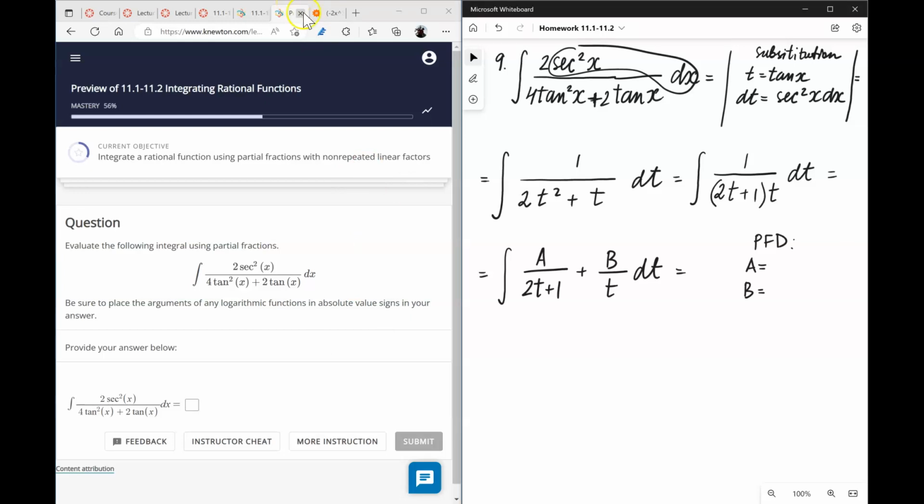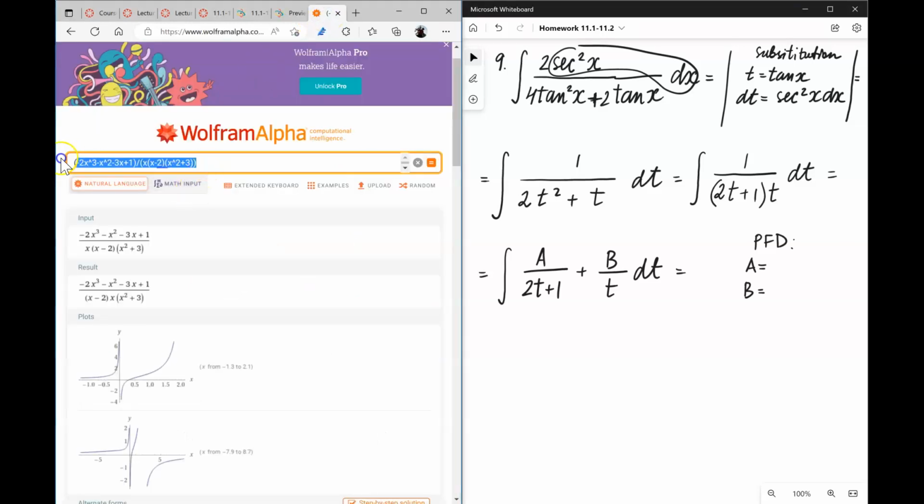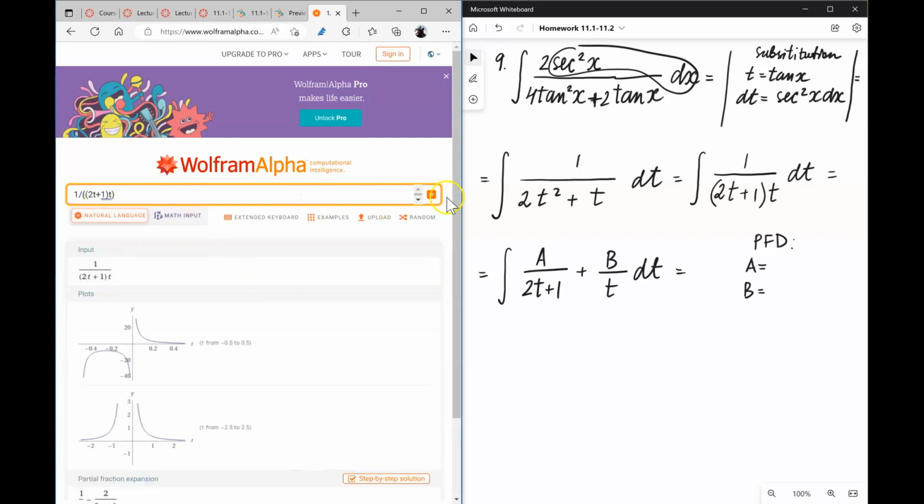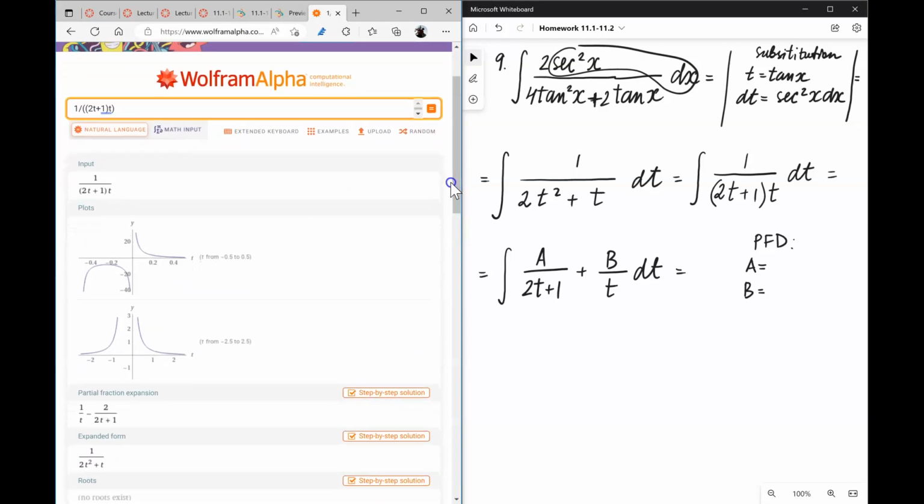And because it's not a calculus task, I'm going to delegate it again to Wolfram Alpha. And I'm going to do that by simply typing 1 over, and just make sure you type enough parentheses, 2t plus 1 times t. So the partial fraction expansion is there.